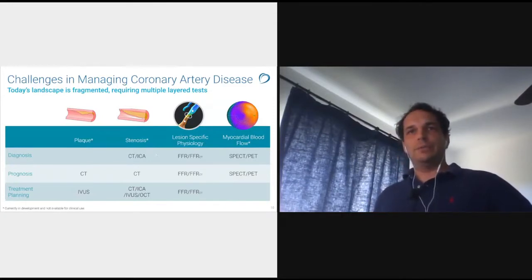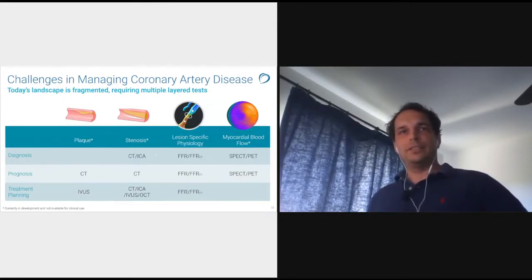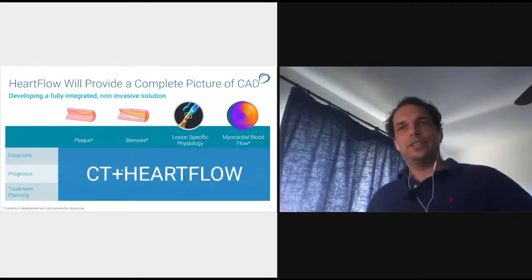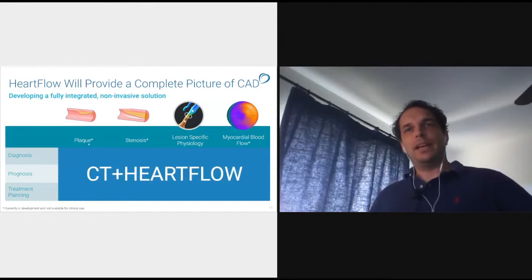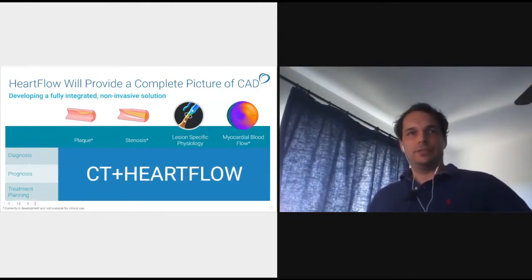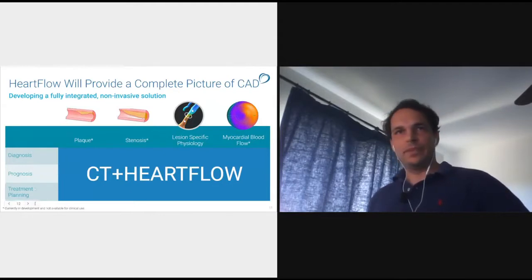So our idea, what we're currently working on, is to replace all of these tests with CT plus heart flow. So we want to provide information about the plaques, the stenosis, the physiology, and the perfusion that can be used for diagnosis, prognosis, and treatment planning.